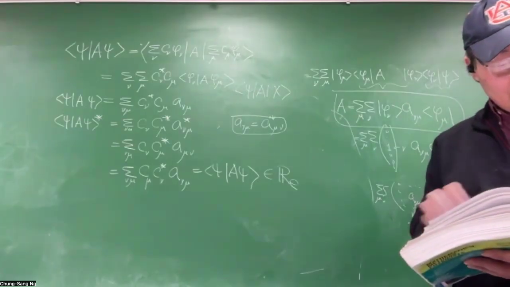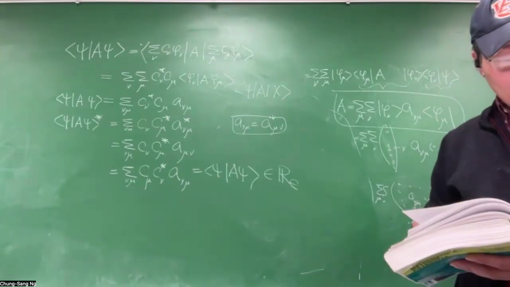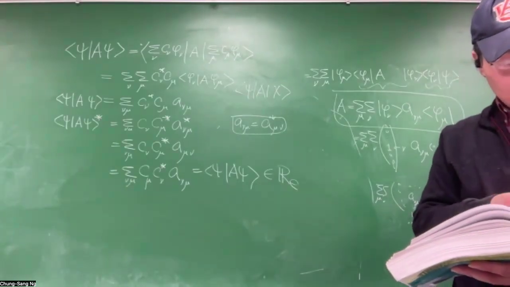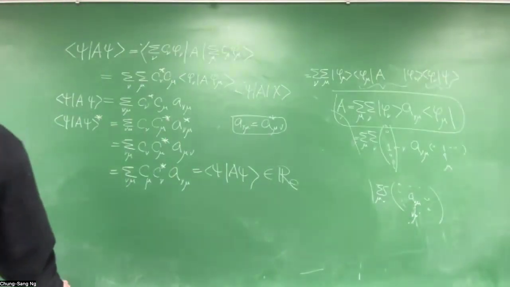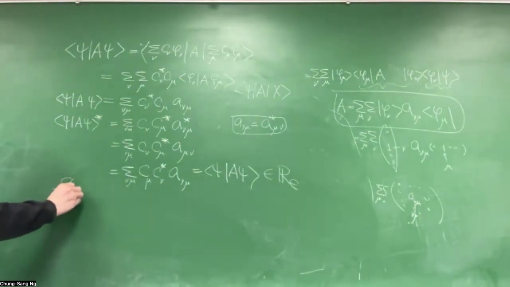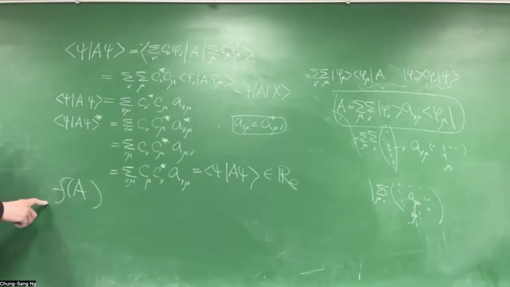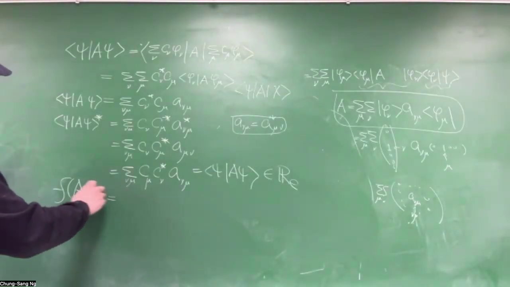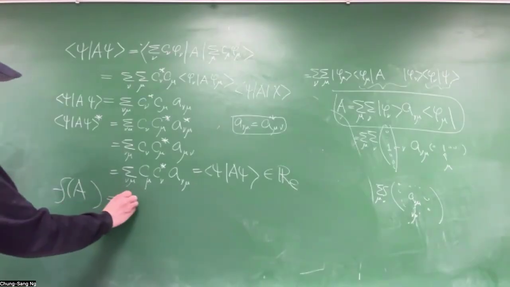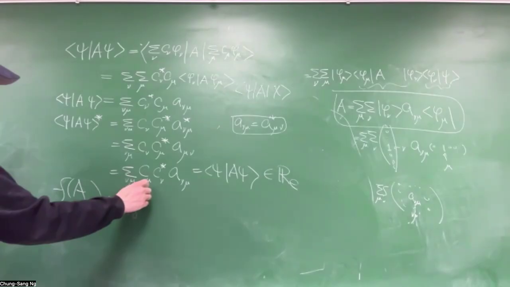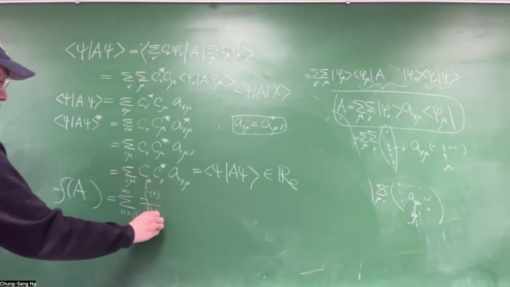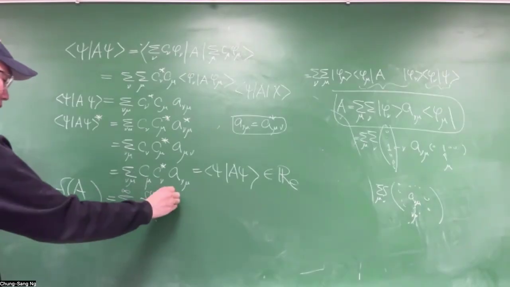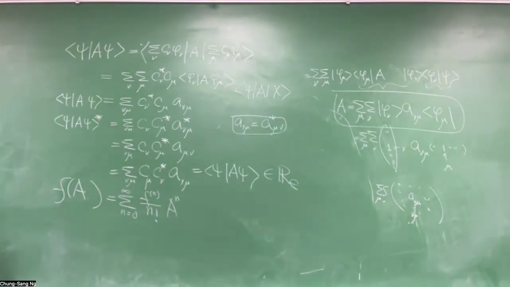There's one more topic, about functions of operators. As I mentioned, sometimes we have a function of a matrix. To put an operator A into a function f(A), the way to do it is a Taylor expansion: the sum from n to infinity of the coefficient, the n-th derivative, times A to the n.